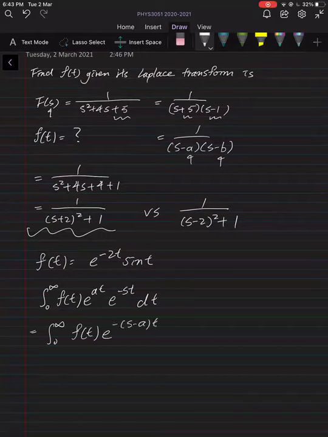So what you have here is simply the Laplace transform of the function f itself, but instead the argument is s minus a.